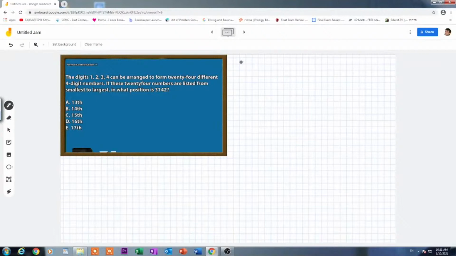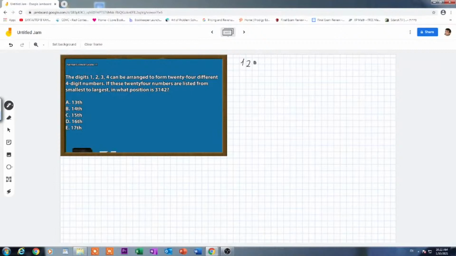So we should start definitely with 1. If we have 1 in the first place, how many numbers can we form?